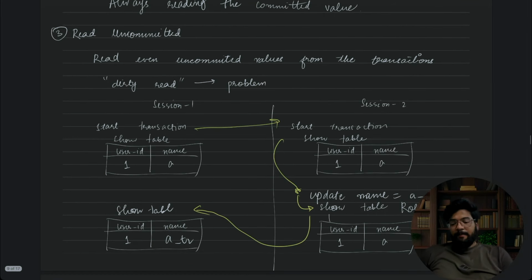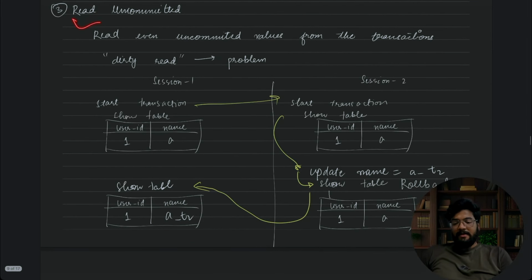Now, the third type of isolation level is read uncommitted. What happens is, even if a transaction is not committed, the other transaction can see its value. Quickly, let's understand it with an example. We have this table with a user ID and name, and two transactions running in session 1 and session 2 respectively.